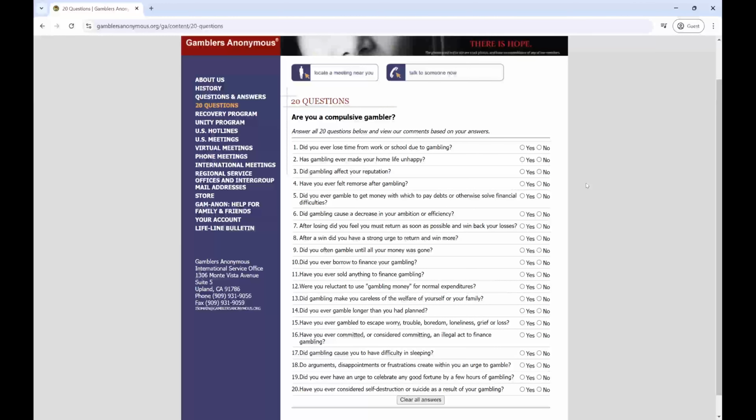Four, have you ever felt remorse after gambling? You can substitute gambling with trading. Five, did you ever gamble to get money with which to pay debts or otherwise solve financial difficulties?